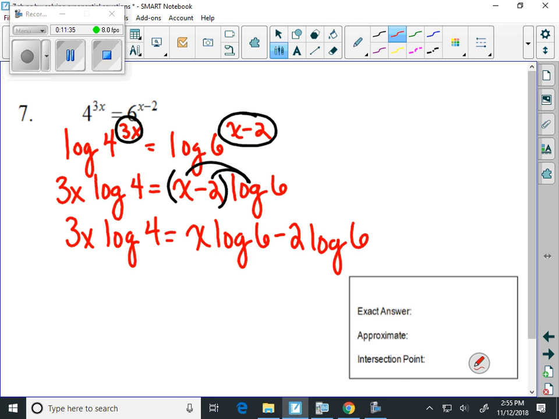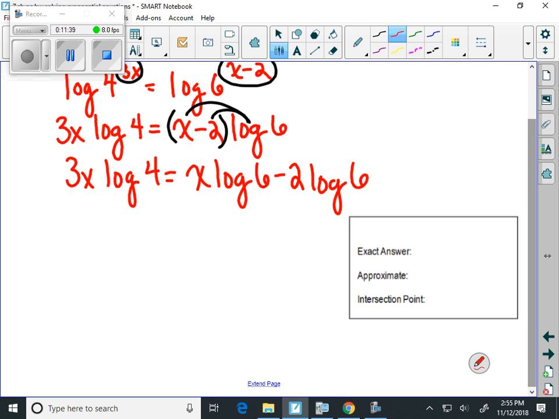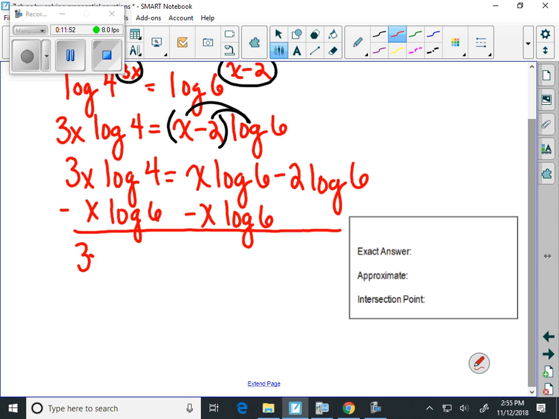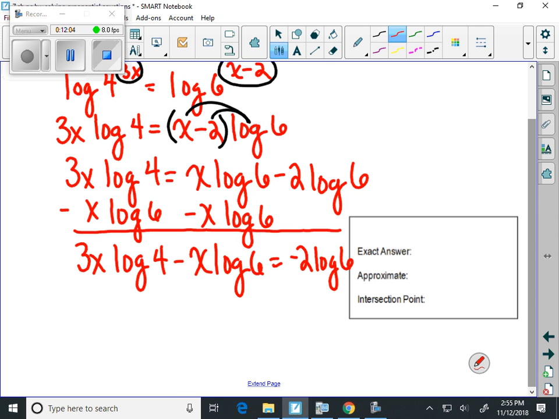And eventually what we're trying to do is solve for x. So we need to put all of the x terms on the same side of the equals and subtract x log 6. And we do 3x log of 4 minus x log of 6 equals negative 2 log 6.